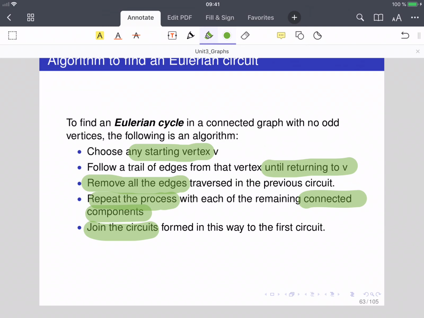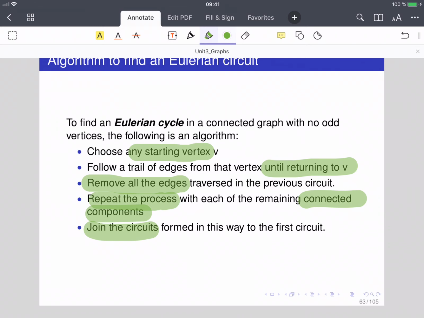If it is not a complete Eulerian cycle of the graph, we remove those edges and then we proceed with the connected components, and we use the algorithm in the connected components, and then we join the cycles with the original cycle.